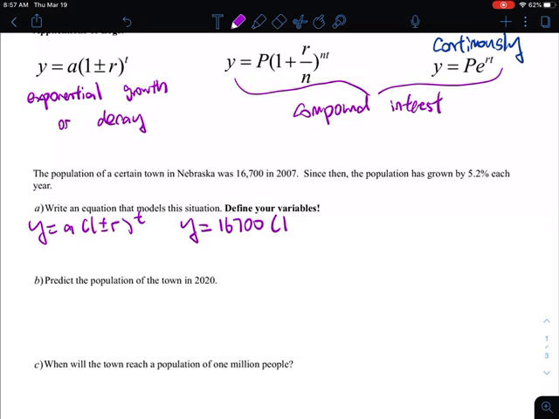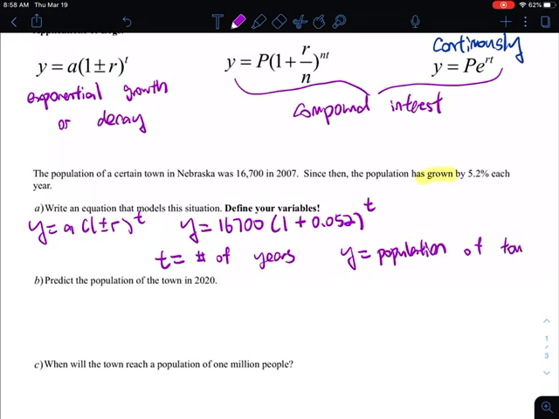And then we have 1 plus, because the population is growing by 5.2%, and remember to put your percent as a decimal. And then we can use t as our independent variable. Make sure you define your variable. So t will be number of years because it's growing each year, and y will be the population of the town.